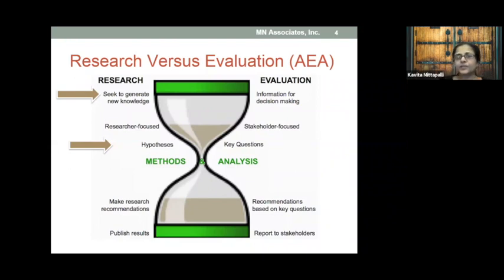In a sense, research is out there which seeks to generate new knowledge, new information, as compared to evaluation, which is really looking for a high level decision making and which is very stakeholder focused.